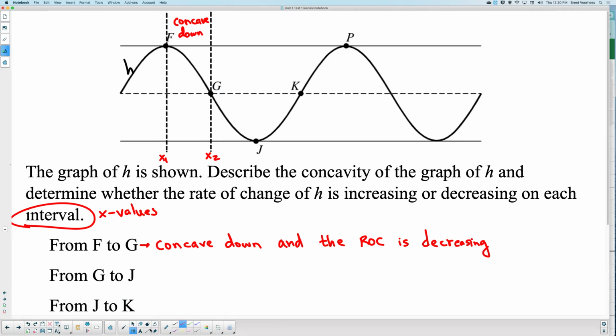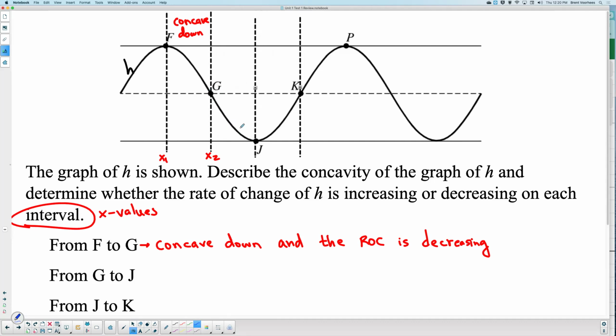All right, let's take a look at the next interval. We're now going to focus on G to J. From G to J, I guess I'll need 2 lines. So I want you to think about your hand here. If you were going to do that, would you do upside down with your hand or right side up?